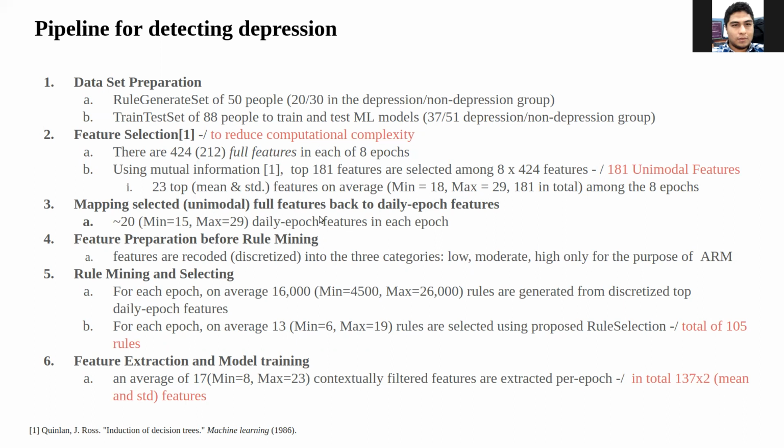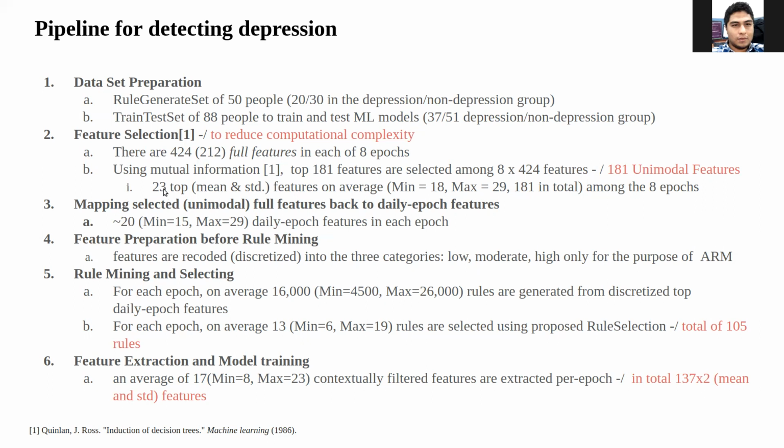Now they are going back to daily epoch features because the association rules are mined through daily epoch features. So based on these 181 total features, or on average 23 full features, they map them to daily epoch features.